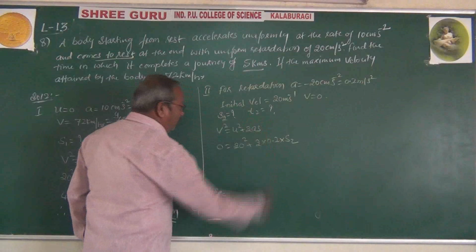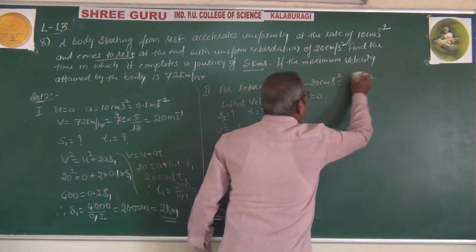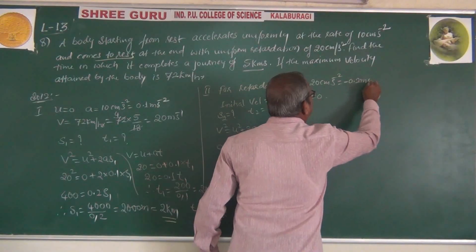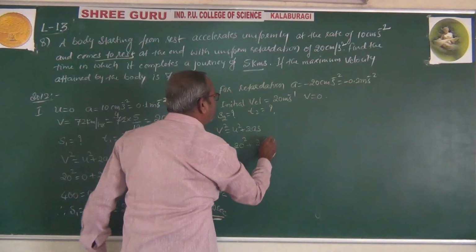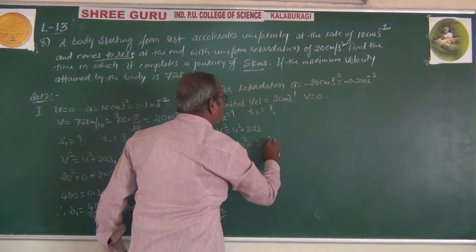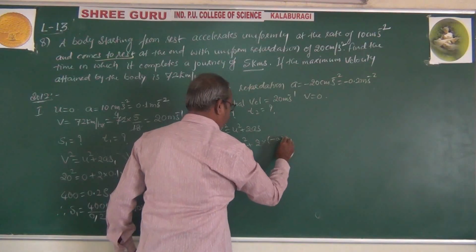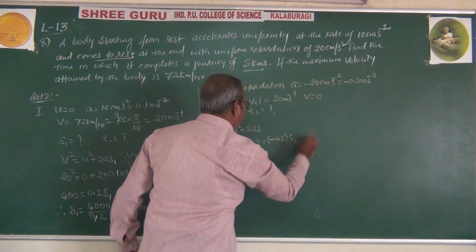So this 0.2 is a negative value here, minus 0.2 meter per second squared. So 0 equal to 400 plus 2 into minus 0.2 into S2.